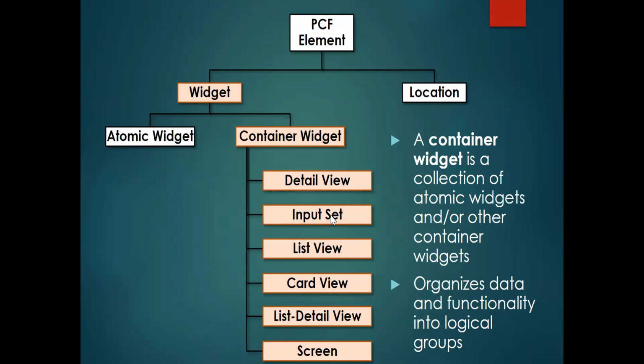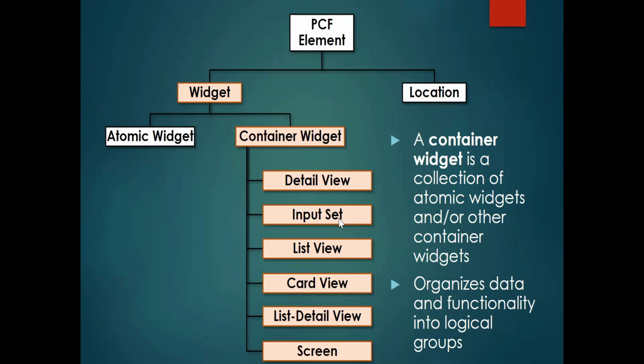But if we don't want to show all the fields, we just want to show one or two fields, so if we want to create a smaller container, in that case we will use input set. Input set specifically is used when that particular container is reused in multiple other PCF files. So when there is a reusability concept, right?